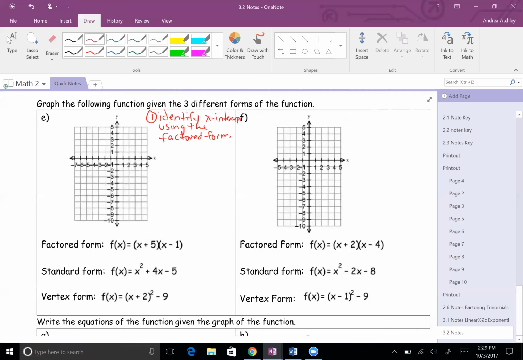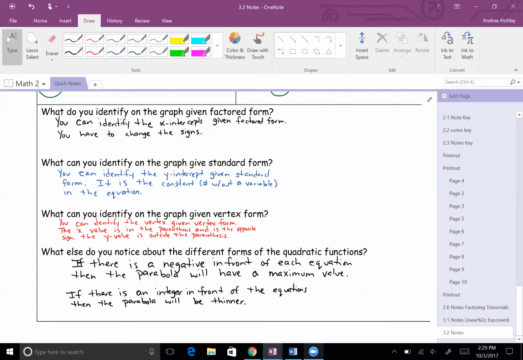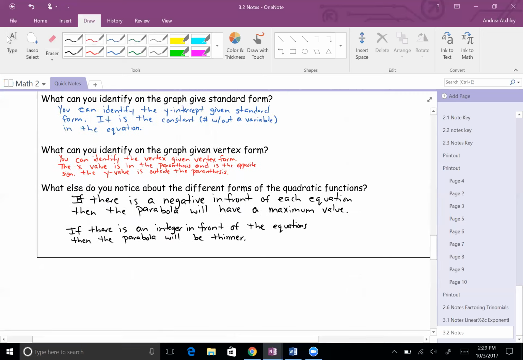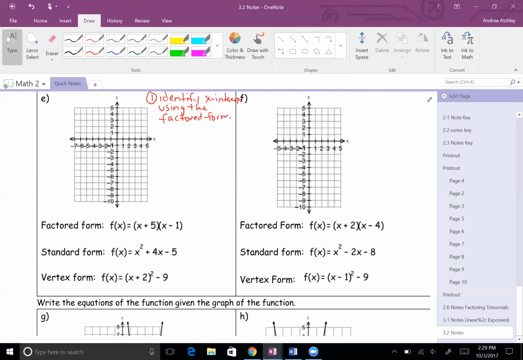Okay, so if I go back up here and double check what I have to do, you can identify the x-intercepts given factored form. You have to change the signs though. So here I'm going to have 5, and it should be a -5 because I need to change the signs, and a +1 and 0.